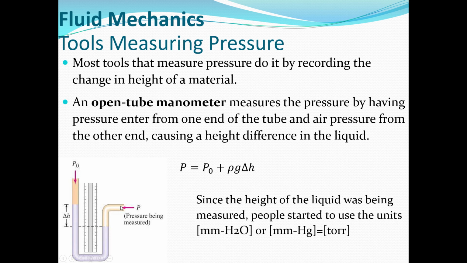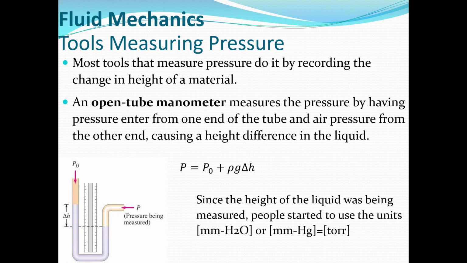Because the height of the liquid is being measured for the pressure, a lot of times instead of using pascals for measuring pressure, a lot of people will end up using things like millimeters of water, millimeters H2O, or millimeters of mercury, also called a torr. Note that in a second.